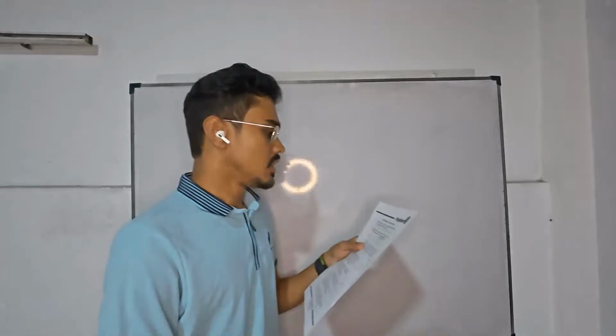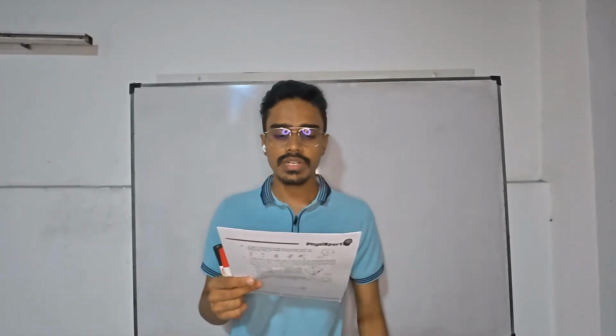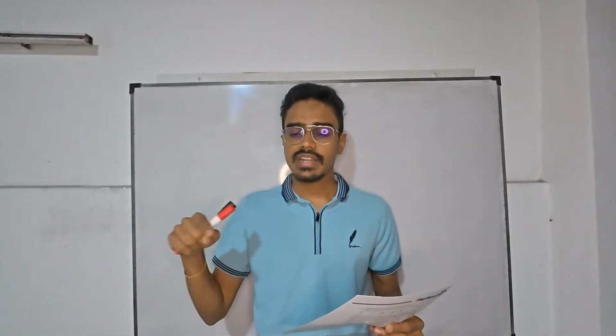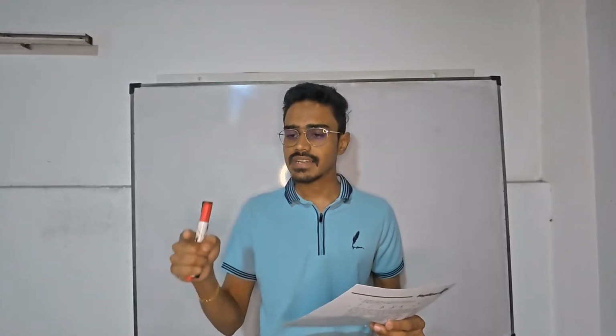Question 1. A particle moving in a circle of radius 2 meters at constant speed has a period of rotation 2 seconds. Period is periodic time. Its acceleration towards the center of the circle is. We know that if an object undergoes circular motion, it has an acceleration towards the center. That is called centripetal acceleration.